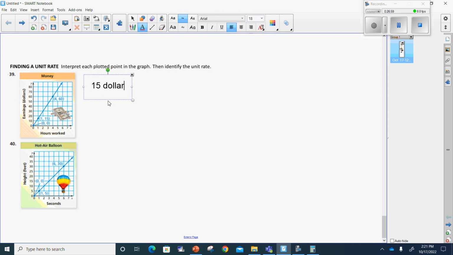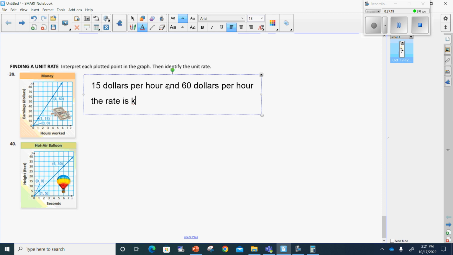Then there's another one for $60 per hour. The rate is K equals 15. That's the rate. Okay.